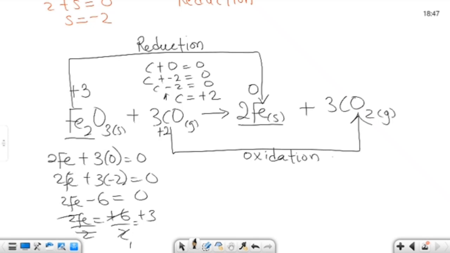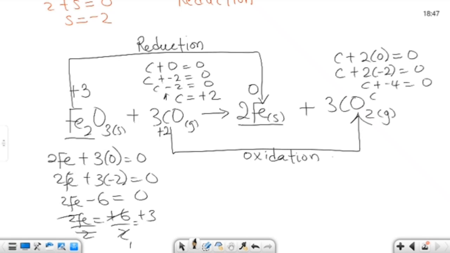Then at the product side, let's see the oxidation number. Carbon here, we have C plus 2 in brackets, oxygen equals 0. Oxygen is minus 2, and 2 times minus 2 gives us minus 4.